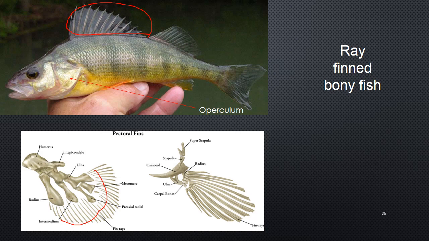So almost like if you think of the paper fans that people use, where they have the ribs that come out, or the rays, and then that nice thin paper. Well, that's sort of how the ray fins work. And this is just a lovely picture of the operculum that covers its gills, so I just wanted to throw that in there as well while we take a look at that.